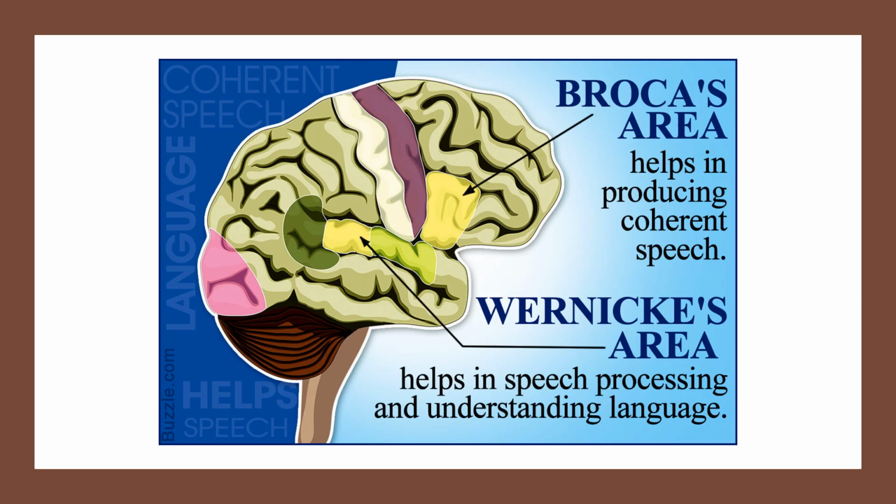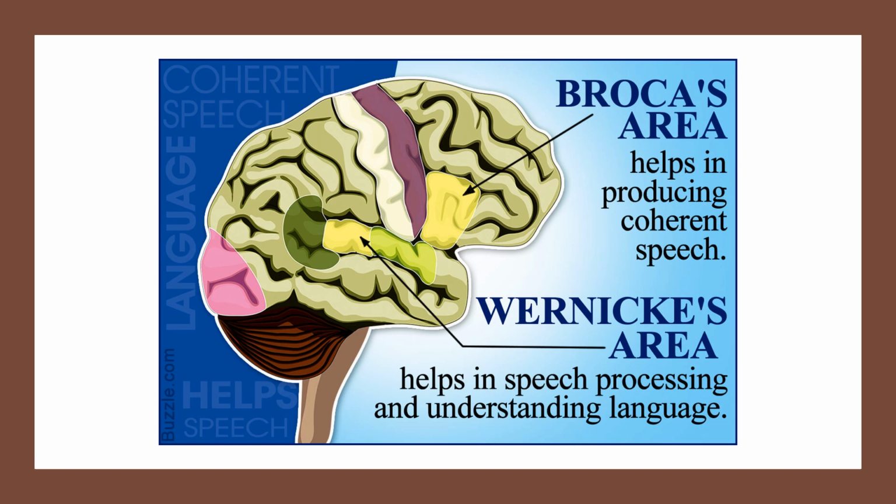So I want to draw your attention to these two areas of the brain. There's Broca's area and Wernicke's area. Broca's area, as you can see here, is responsible for the ability to speak. Wernicke's area is responsible for the ability to comprehend. So what happens if these areas are affected by some kind of brain injury or a stroke? You can see expressive aphasia and dysfunction here.